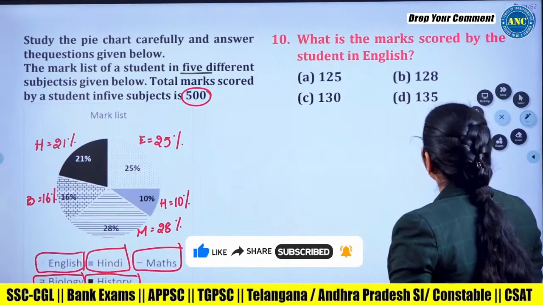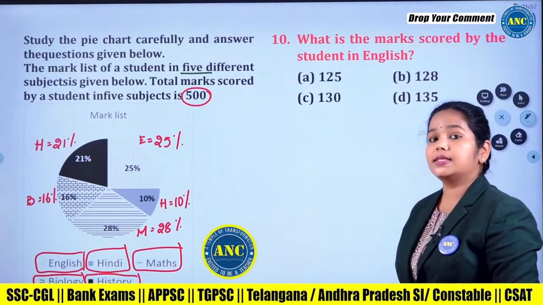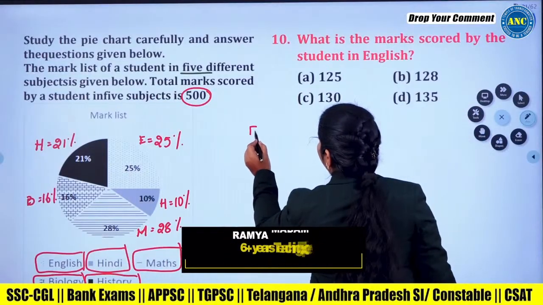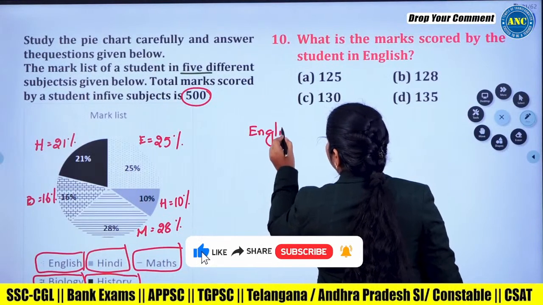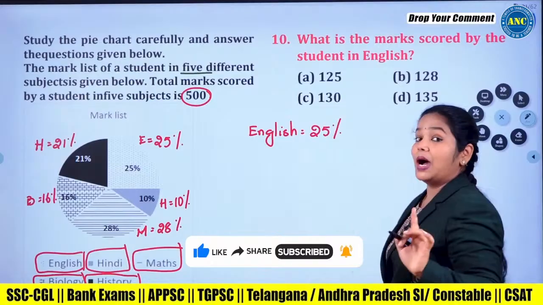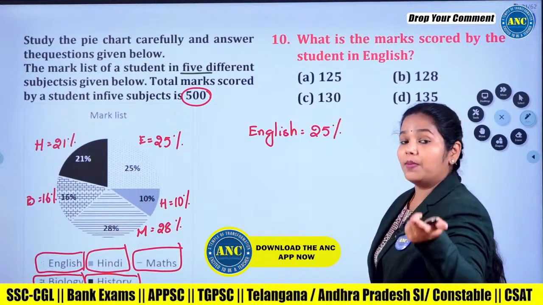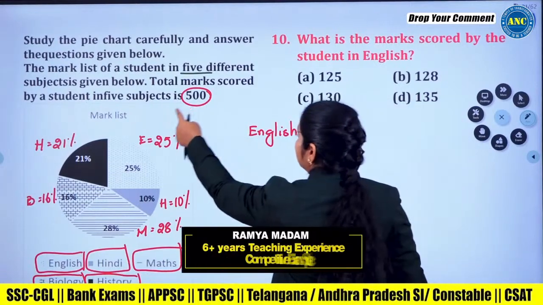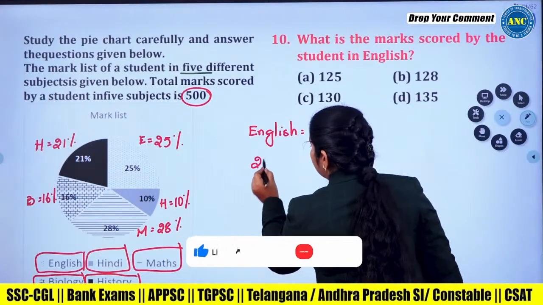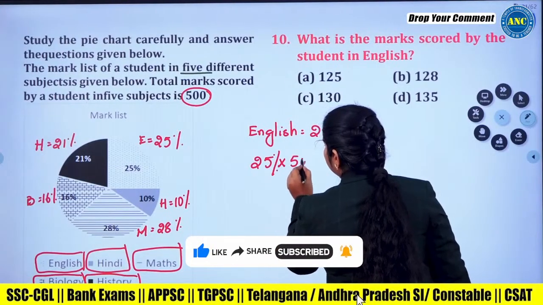Question number 10. What is the marks scored by the student in English? English percentage is 25%. We need marks scored by the student. This 25% is for what marks? For 500 marks in English she got 25%, right? So we have to take 25% into 500.